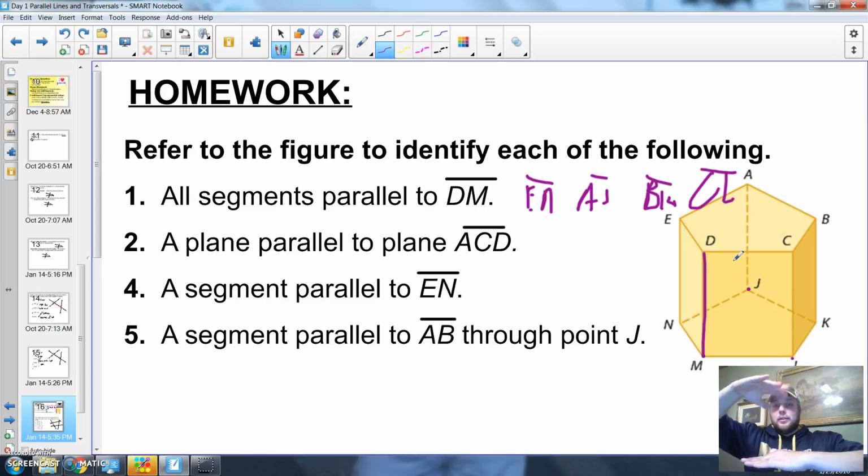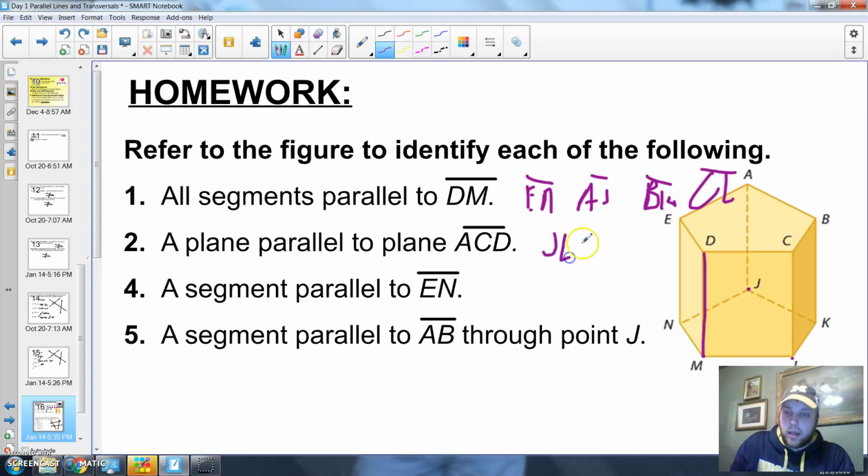It's like a can. The top of the can is parallel to the bottom of the can, right? So I'm going to say J, L, M. A segment parallel to EN. Well, that was kind of stupid because we already know what EN is parallel to: DM or any of these that we wrote down here. So number 4, something parallel.